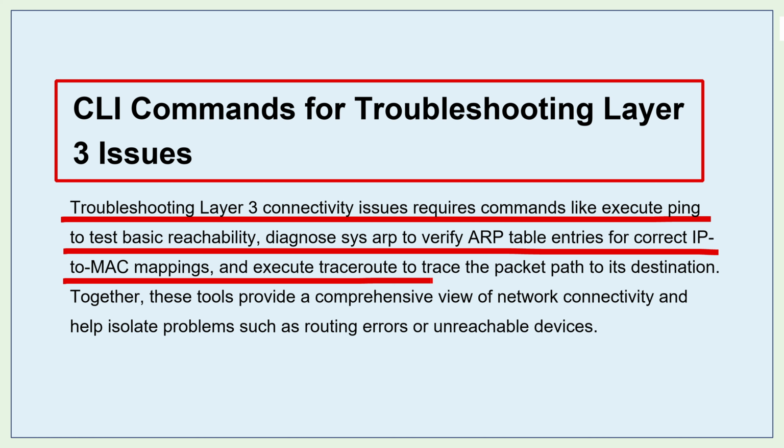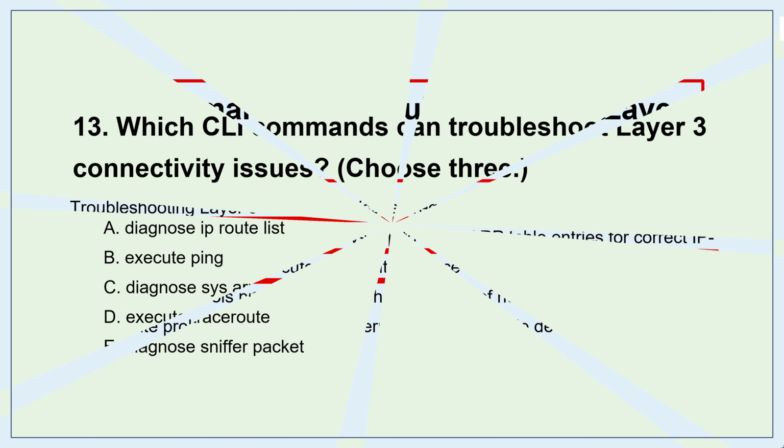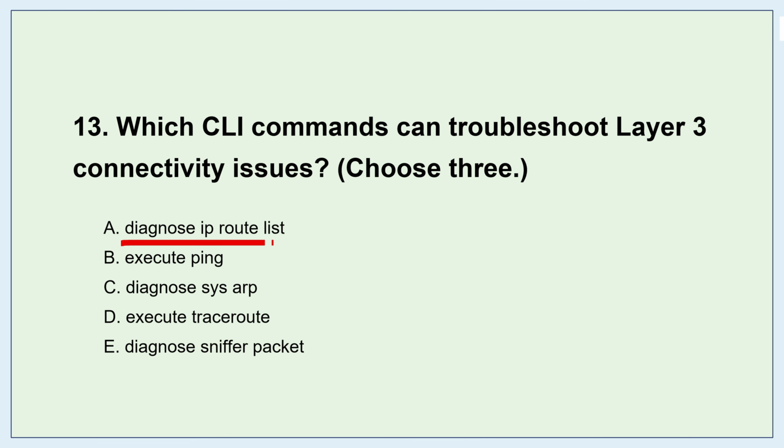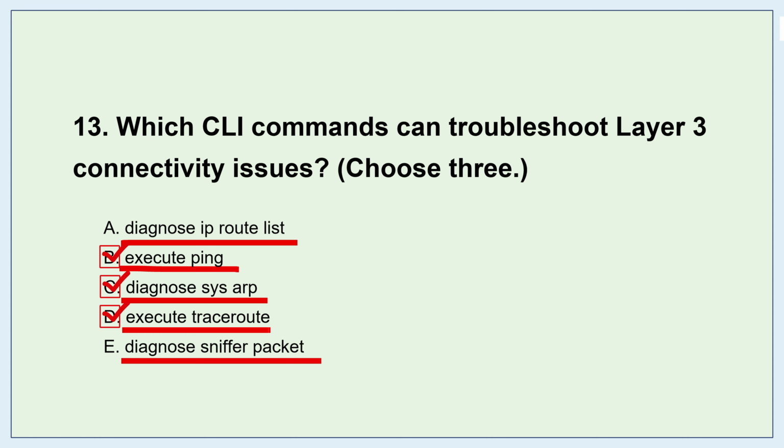These tools help quickly pinpoint network connectivity issues. Incorrect. These are less focused on Layer 3 troubleshooting. Correct. These commands are ideal for diagnosing routing, ARP, and connectivity.